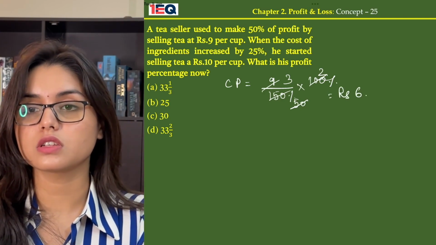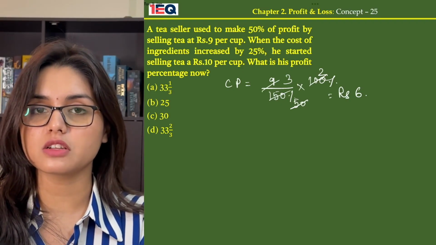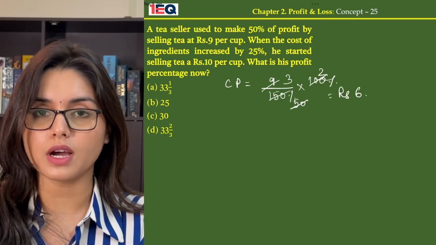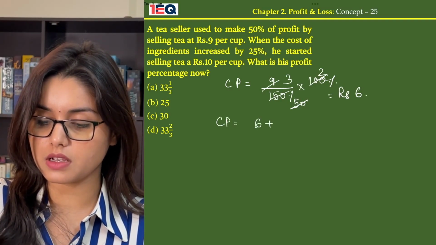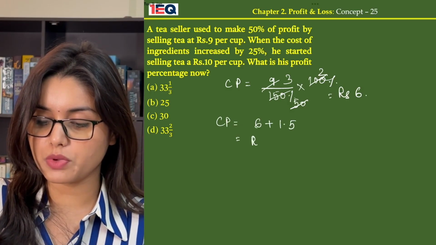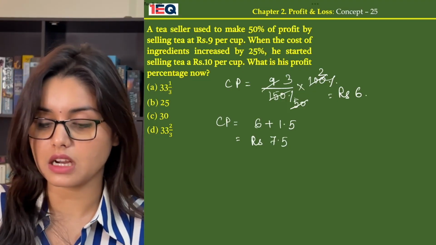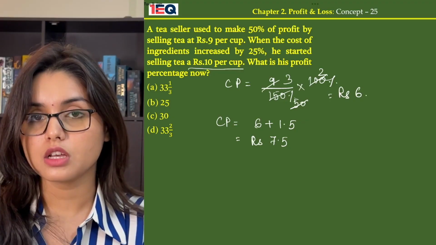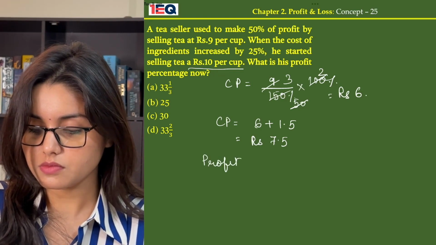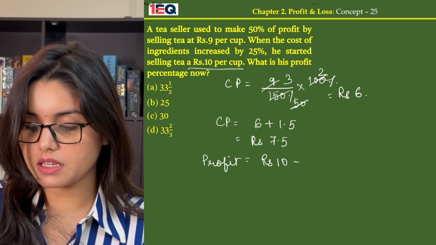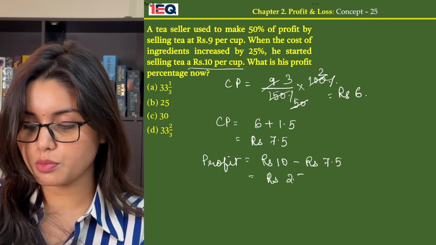Now, the next thing told is that the cost of ingredients increased by 25%. So, 25% will mean 1 by 4 or 1.5. So, his cost price increases and becomes 6 plus 1.5, that is rupees 7.5. Now, when the cost of ingredients increased, he started selling the tea at rupees 10 per cup. So, his selling price now is 10. Profit then becomes rupees 10 minus rupees 7.5, that is rupees 2.5.